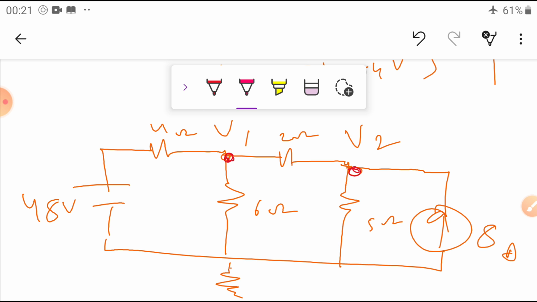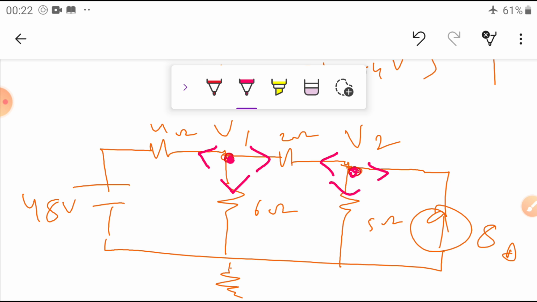We assumed the currents are flowing in these directions. From junction V1, all currents are leaving. At V2 also, currents are leaving, in the way we assumed initially. Then write the equations.